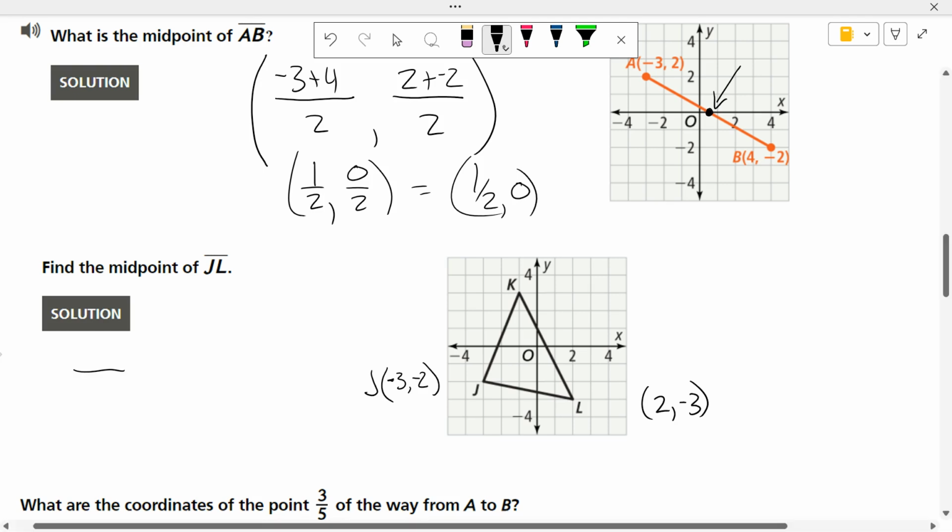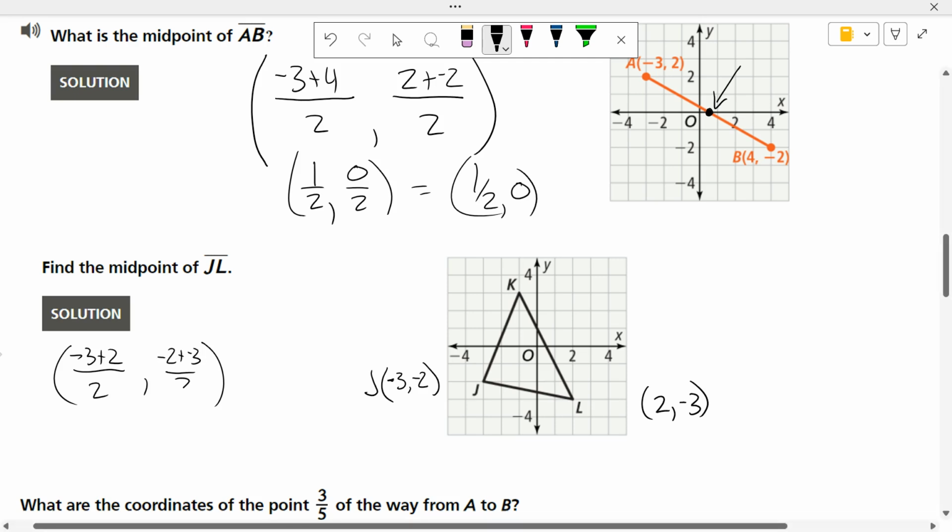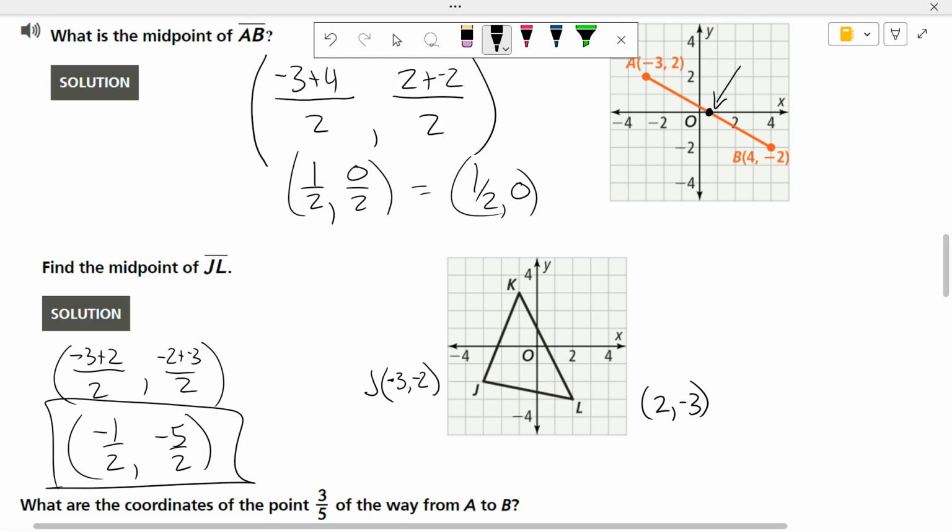So, what are your x numbers, Elizabeth? -3 plus 2. What are your y numbers, Ella? -2 and -3. So if we add these up, we get -1/2, -5 halves, and we just leave it like that. We don't change them to -0.5 and -2.5. You could if you wanted to, but -1/2, -5 halves is just fine. Okay.